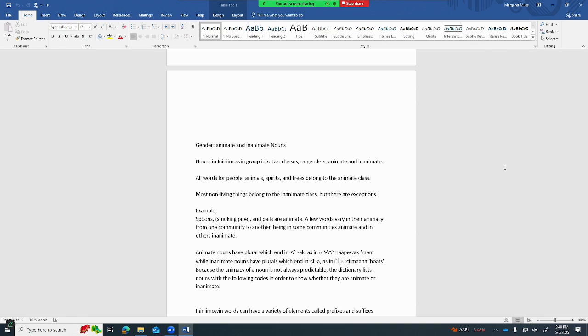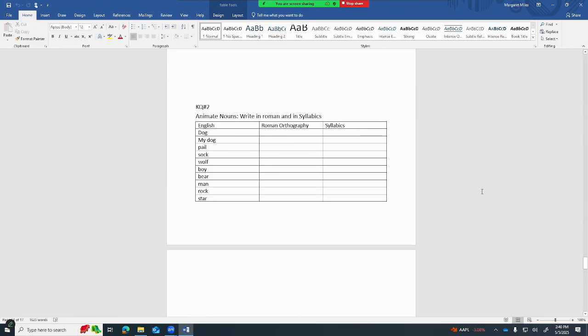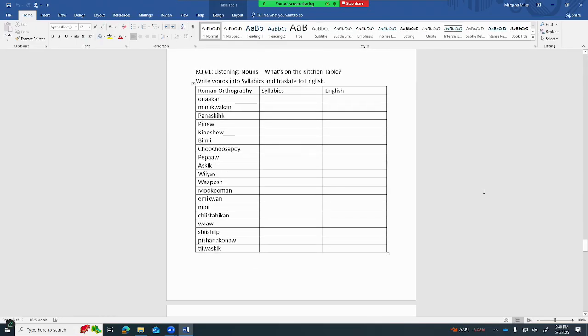For example, spoons, smoking pipes, and pails are animate. A few words may vary in their animacy from one community to another, being animate in some communities and inanimate in others.